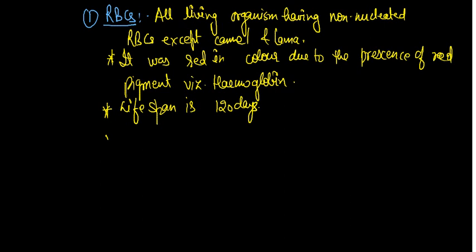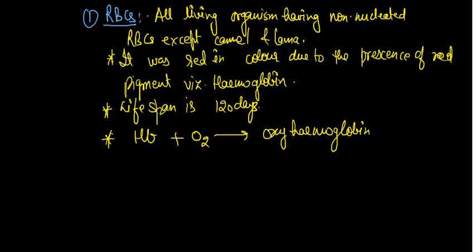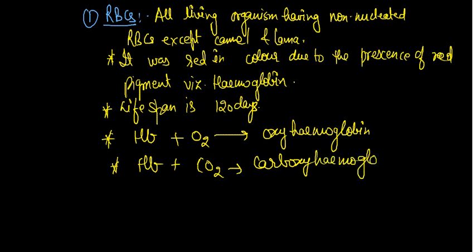If hemoglobin is combined with oxygen, that is called oxyhemoglobin. And if hemoglobin is combined with carbon dioxide, that is called carboxyhemoglobin. One unit of hemoglobin can carry only 4 units of oxygen. Okay, you have to know about this.